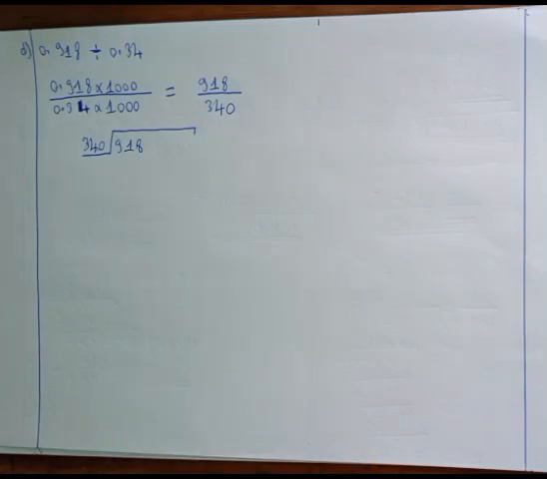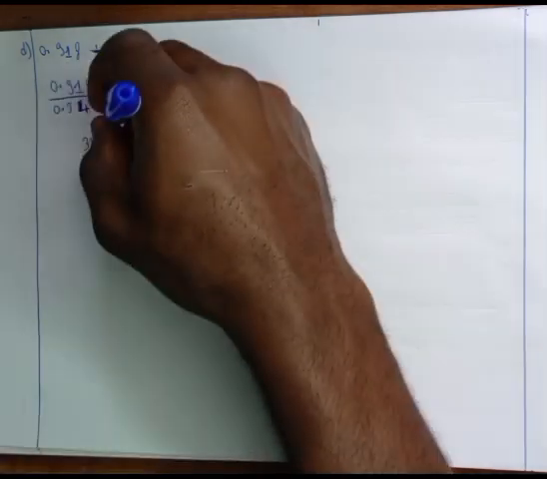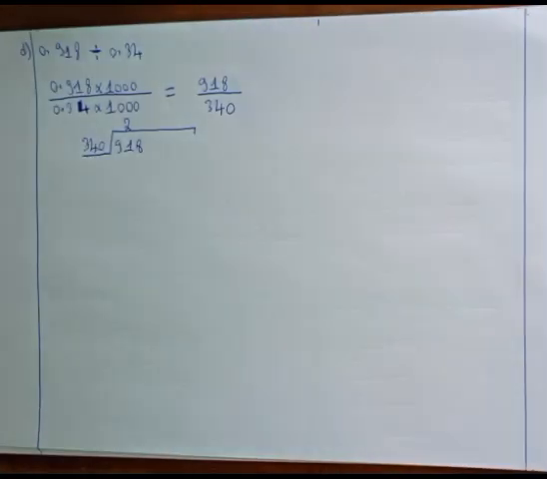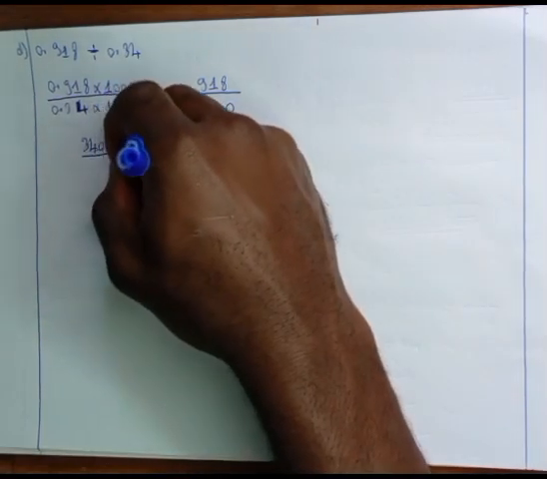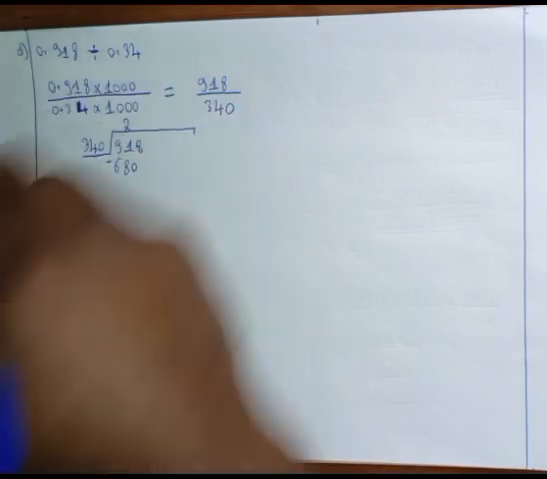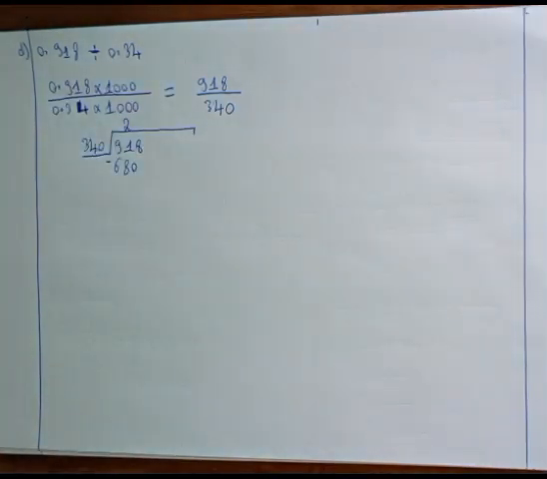Next, we are going to divide 918 by 340. So the whole number part will simply be 2. If we take 2 times 340, it is simply equal to 680.